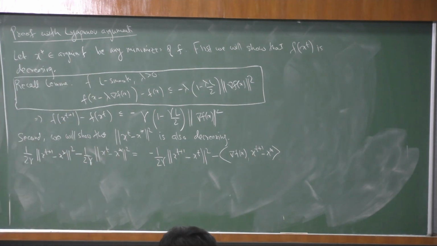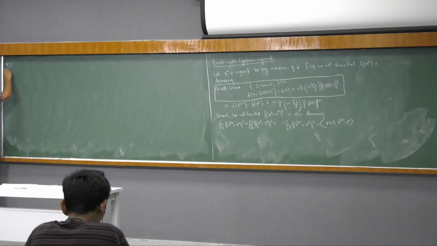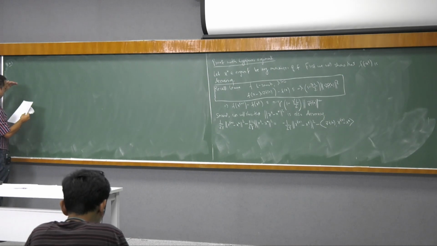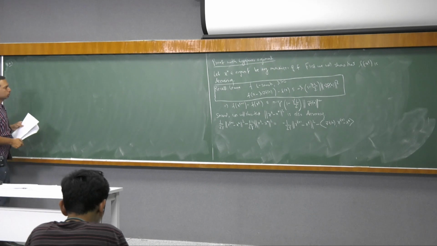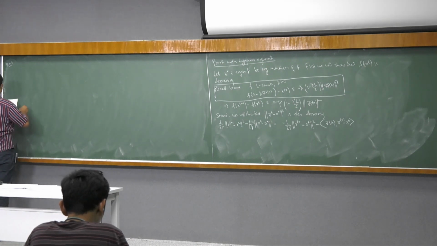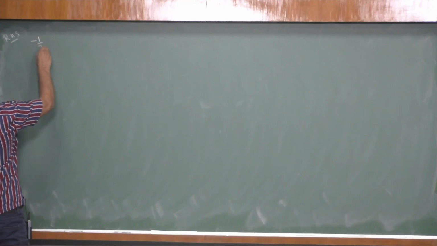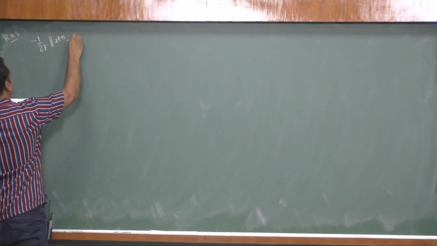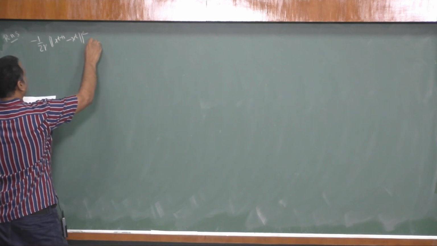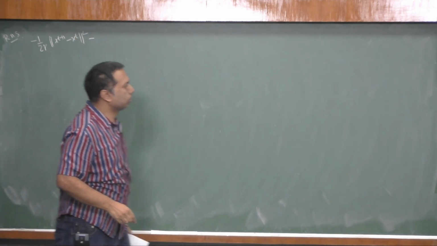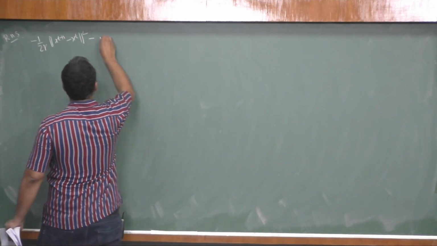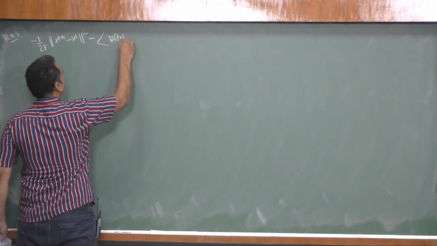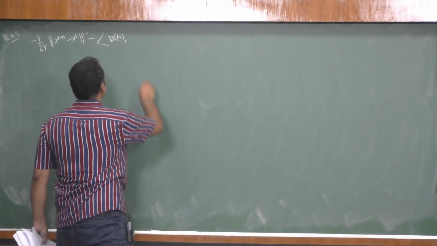Okay, so I will start with the RHS, let's say, and then from there I will tell you what terms we added or subtracted. So the RHS is minus 1 by 2 gamma, minus grad f(x), xt plus 1 minus x star.